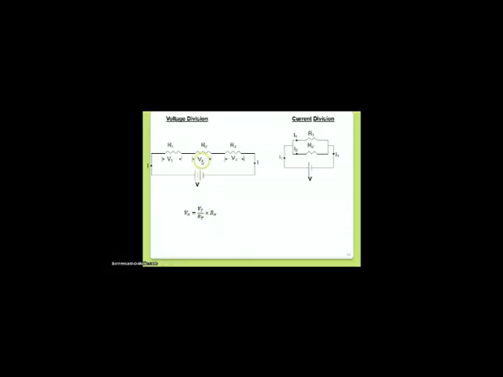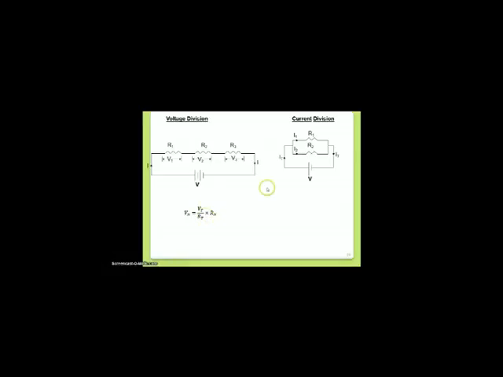If you want to calculate V2, the equation will be Vt over Rt multiplied with R2 and so on. Vt over Rt remains the same, which is in fact the total current flowing through the network, and whichever voltage you want to find out, you just need to multiply that particular resistance in the equation.